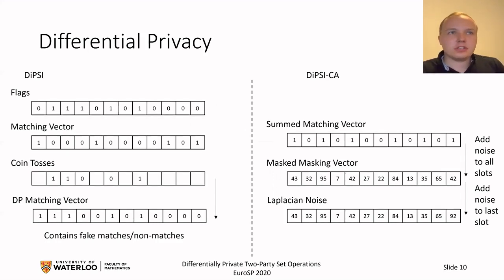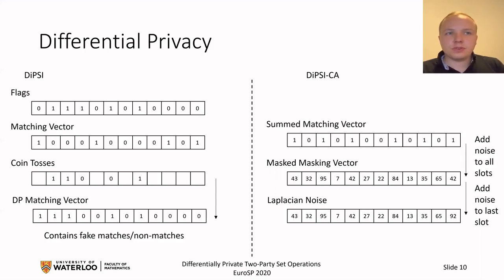I will first focus on DIPSI, so just the set intersection. Here we have a matching vector, and everywhere we first, that is denoted by the flags, we had a 1 coming up as the coin toss, meaning that we answer non-truthfully. We throw a second coin, and the second coin determines how non-truthfully we respond.